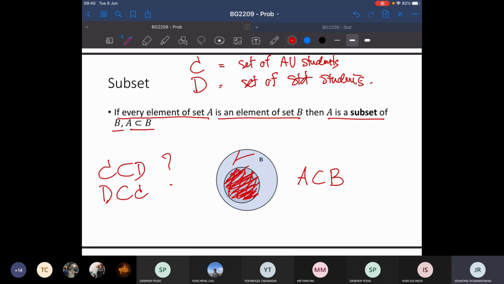Which one is inside another one? So you can see that D is a subset of C, right?